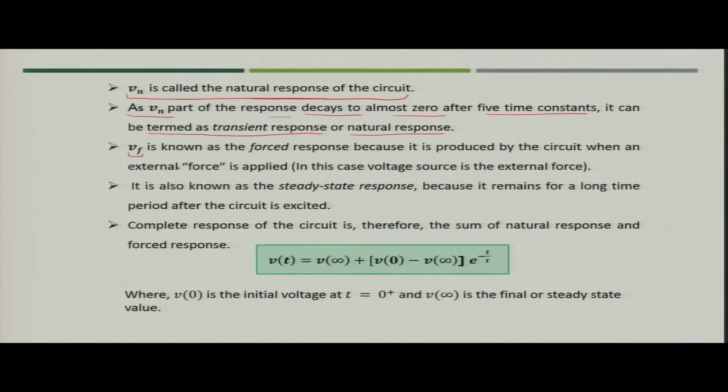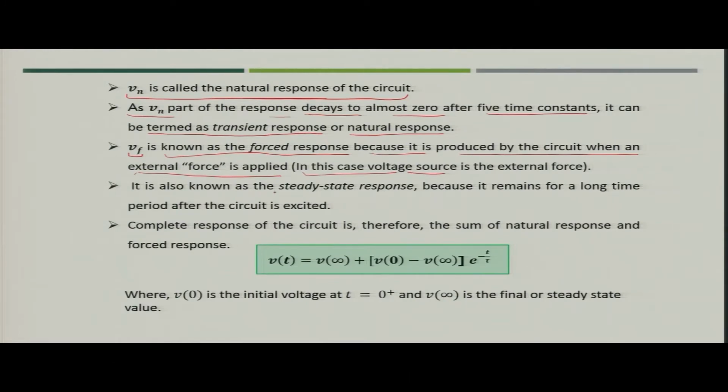Now, Vf is known as the forced response, because it is produced by the circuit when an external force is applied. That means when we apply any external source, like the voltage source we applied in this case, or maybe a current source, that acts as an external source for the circuit. So, Vf is the forced response.